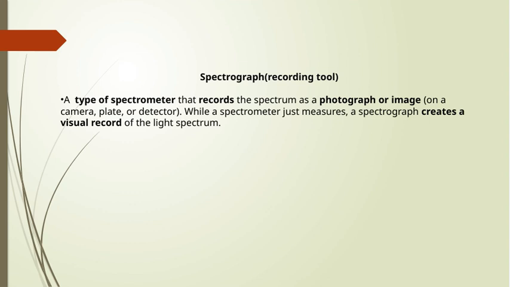This distinction is important because it helps us understand how we can visually document celestial or laboratory light sources, making it easier to interpret the data. Overall, it's a powerful tool for turning spectral data into a visual format that can be examined in detail.